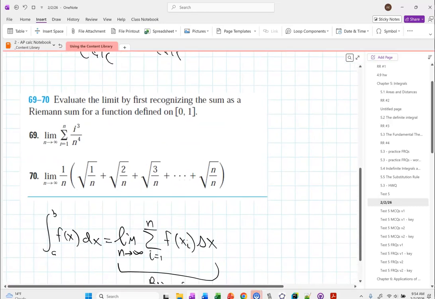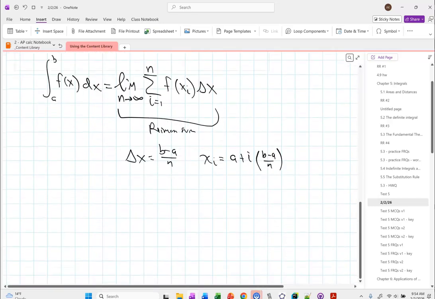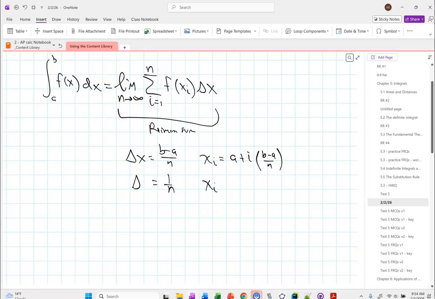Okay. So if this is going from 0 to 1, I know that's my a and my b. So if I do that, this guy becomes 1 over n, and this guy becomes i times 1 over n. You good there? Does everybody feel so far so good?